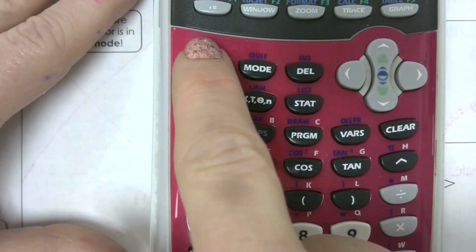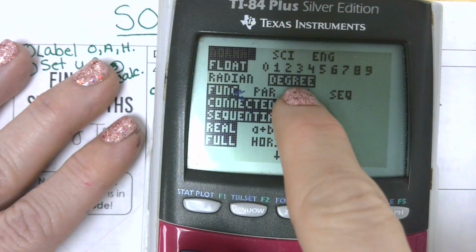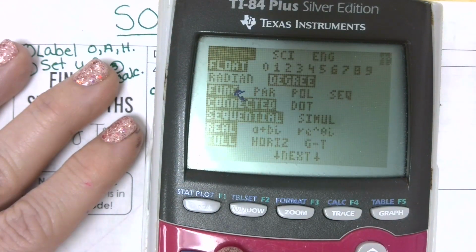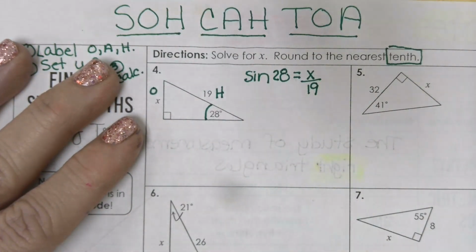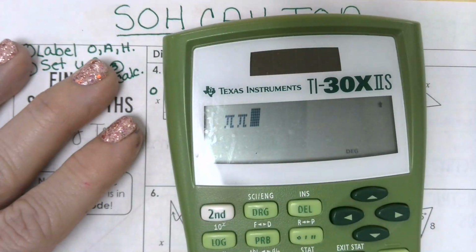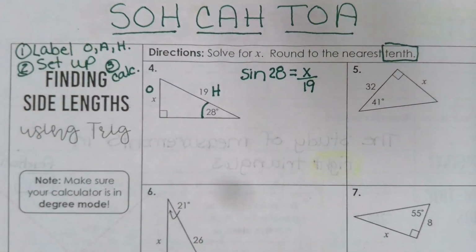Then I can hit second quit and it takes me out of it. If I go back to mode, now you can see the degree is lit up. You have to do that. If you have a Casio calculator, good luck with that. Throw your Casio away and get a Texas Instruments. Okay? All right. So, two types of problems.